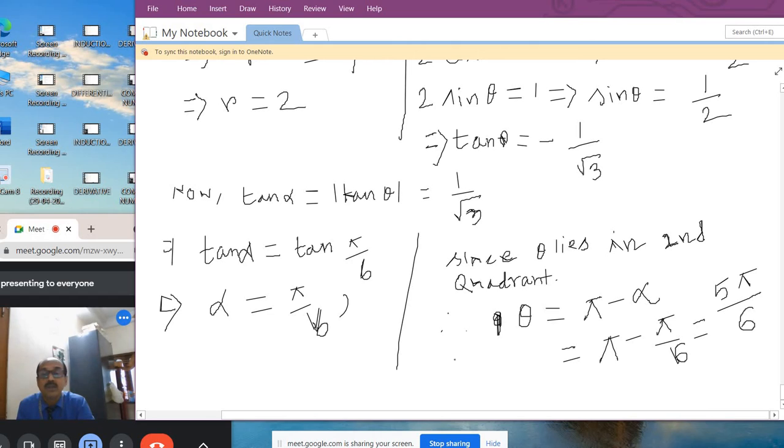Pi by 6. Okay? So modulus equal to, therefore, modulus is equal to 2 and amplitude is equal to 5 pi by 6. Modulus equal to 2.